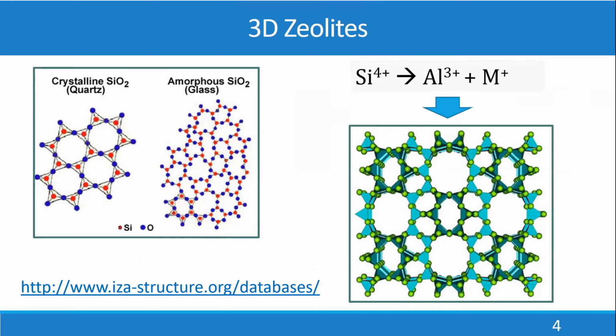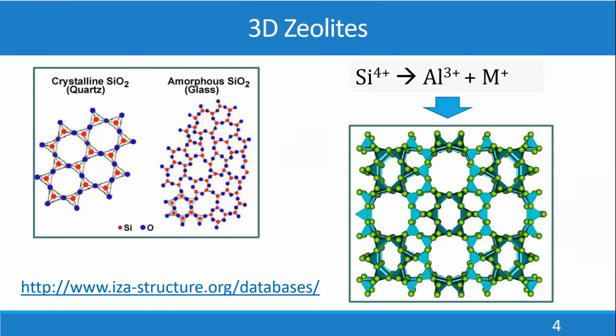It's very useful to imagine the structure of silica, for example, of quartz, crystalline silica, or amorphous silica. It's just a 3D network of SiO4 tetrahedra joined to each other by oxygen in the corner.